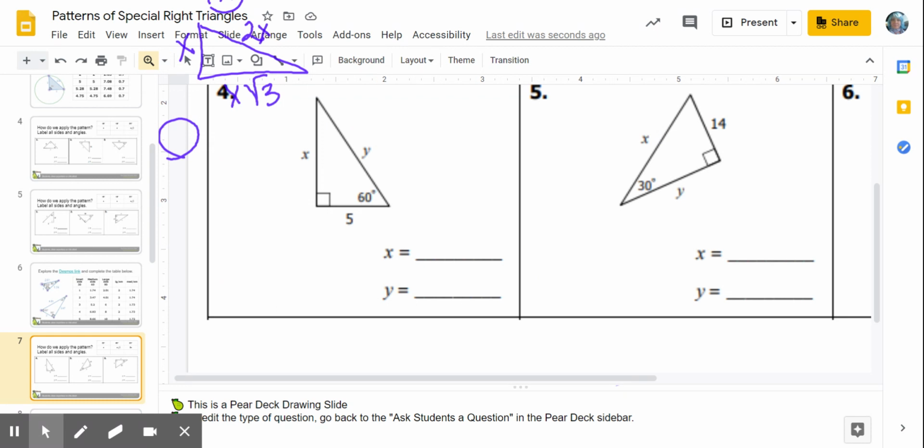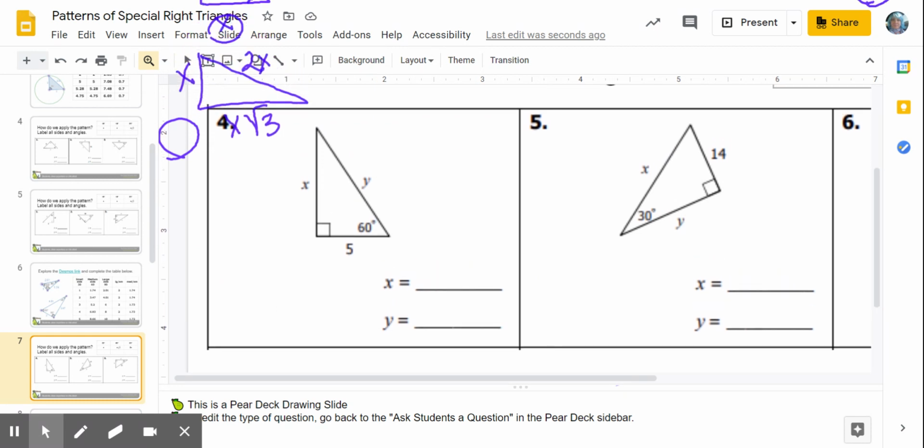So if I know the small side is 5, which side is 10? Small side is 5. So which side is the hypotenuse? Absolutely. Because that's the 2x, right? So my reference triangle, if this is the 30, is x, 2x, and x times the square root of 3.